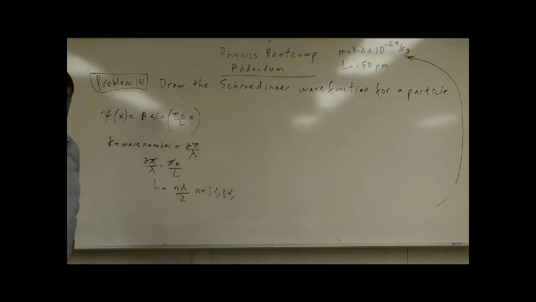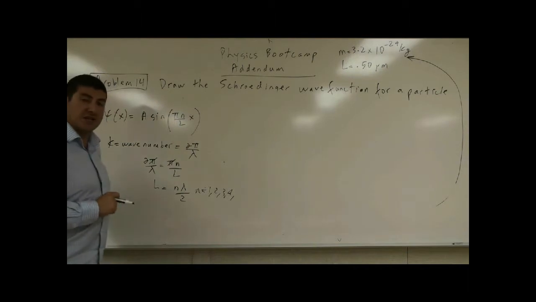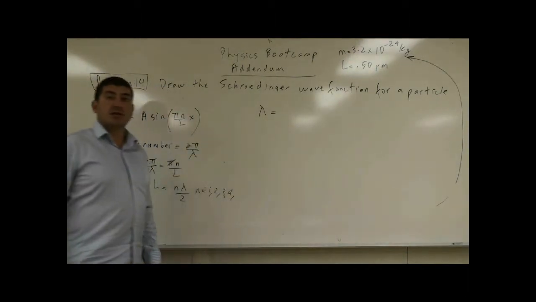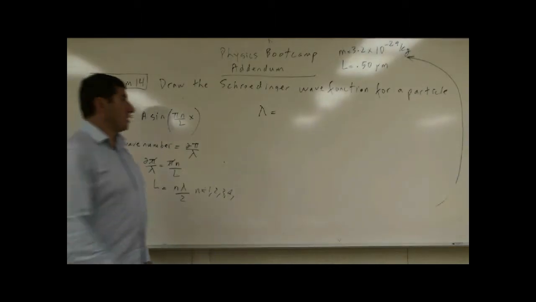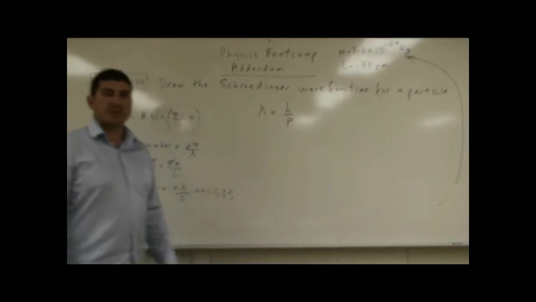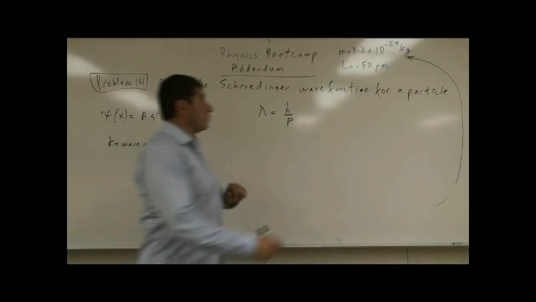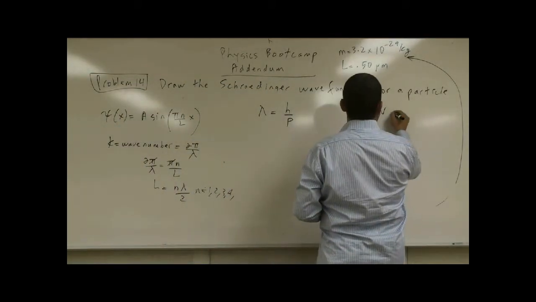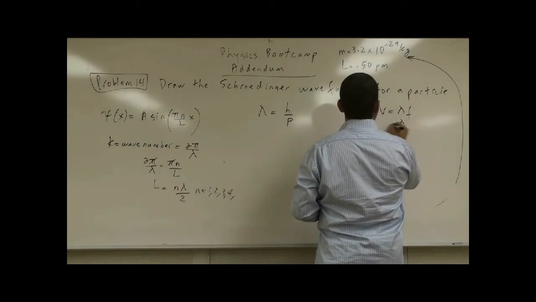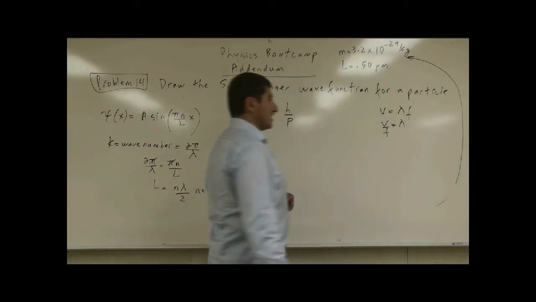What is the next thing that we can say? Well, the next thing that we can say is that the wavelength of a particle is equal to the Planck's constant divided by momentum p, okay? For a string wave, we couldn't say that. For a string wave, we said the velocity is wavelength times frequency. Wavelength was velocity over frequency.